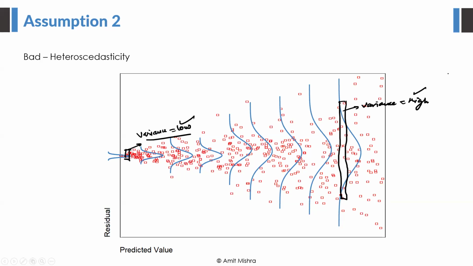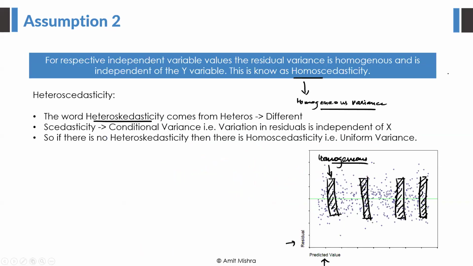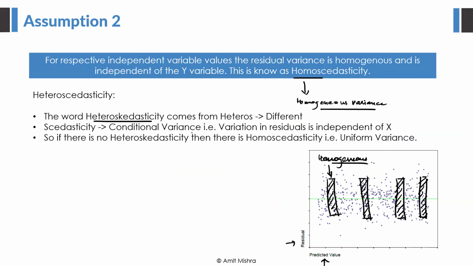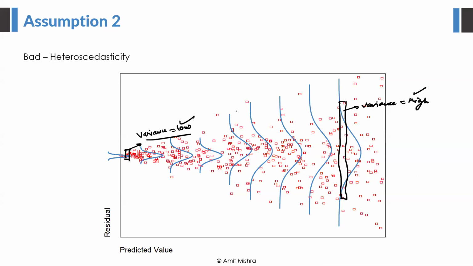All right. If this is the scenario, then we can clearly say that your sample data does not follow a uniform variance, but follows heterogeneous variance. If your plot between residual and predicted value is like this, then your linear regression model will fail to predict your output perfectly.